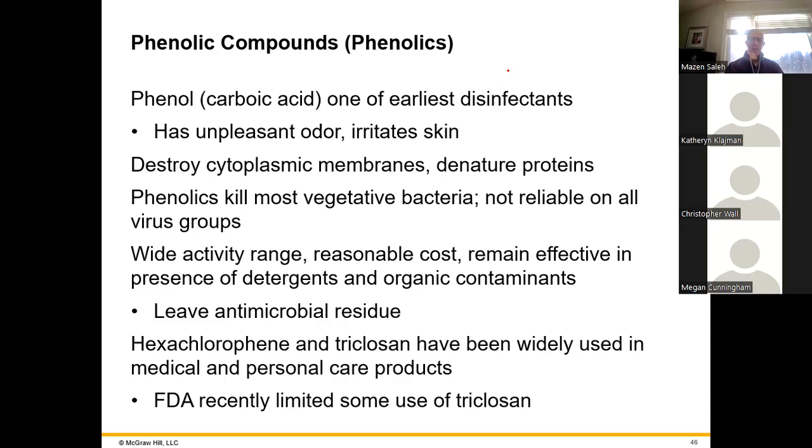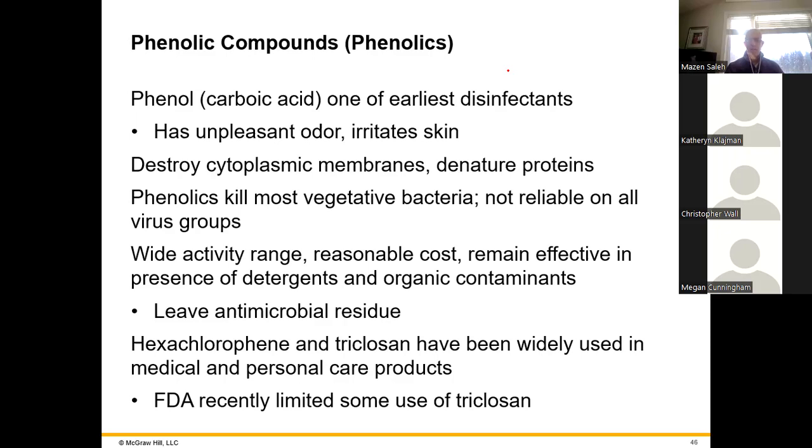It is one of the favored disinfectants used to treat surfaces where mycobacteria work is involved, like Mycobacterium tuberculosis. It is quite effective against vegetative bacteria, but not reliable on viruses. Okay? Reasonable cost, remains effective in presence of detergents and organic contaminants. Some of the appealing features of phenol, and it can leave antimicrobial residue, which is a good thing.